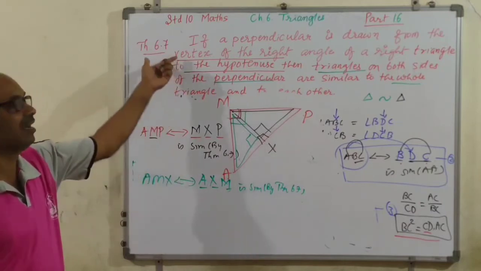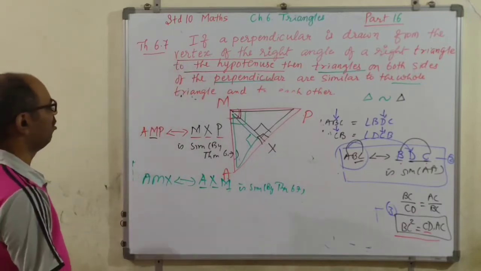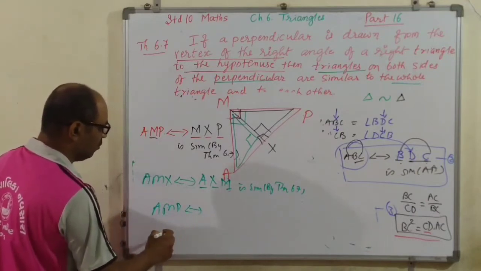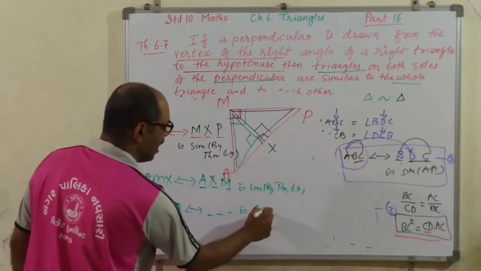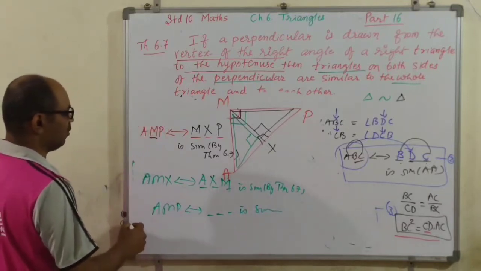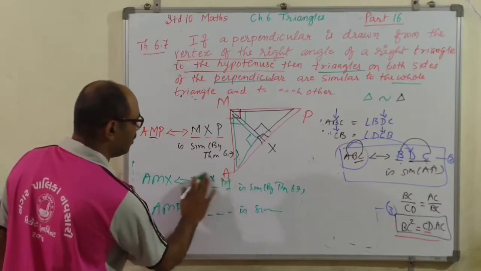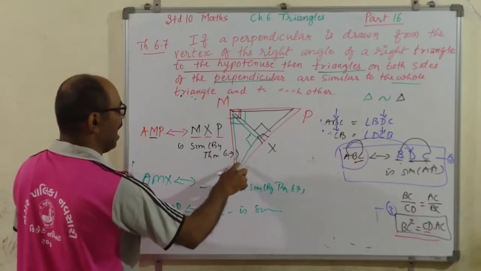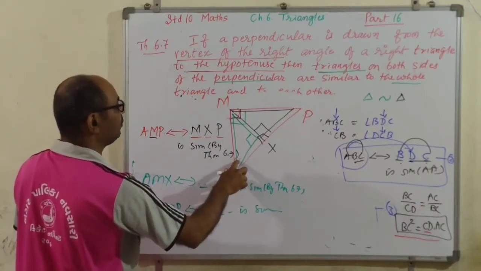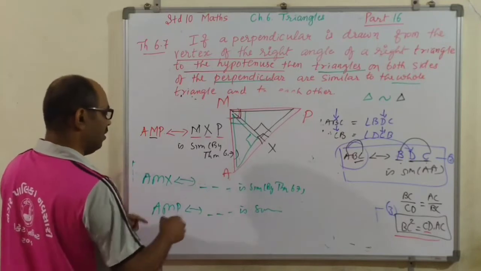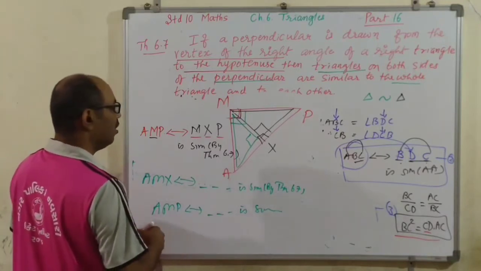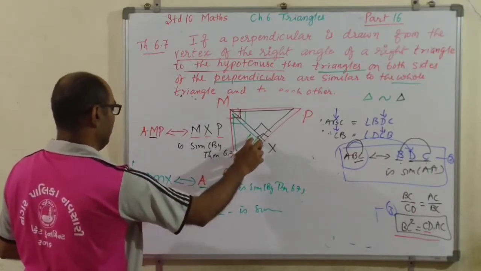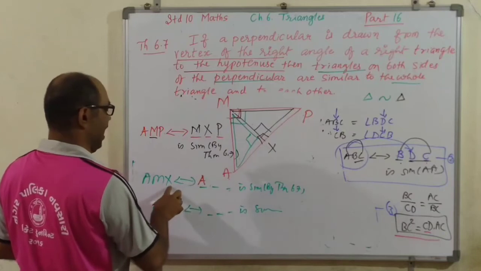a similarity by theorem 6.7. Now look, children, if I write AMP corresponds to dash dash dash is similarity. Now what does A correspond to? Oh, I made a mistake here. Correct. Green and black. A corresponds to A. So you should have red A. Right angle green is X, X last.